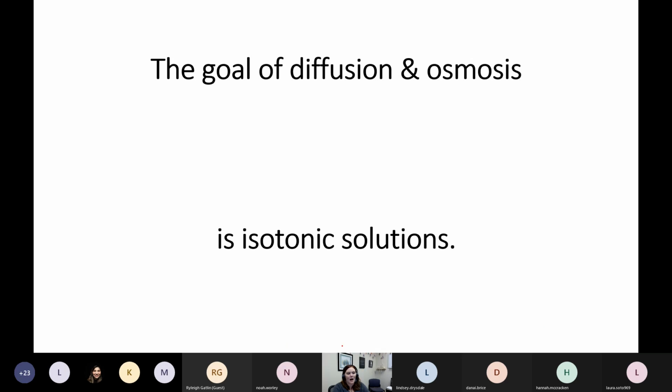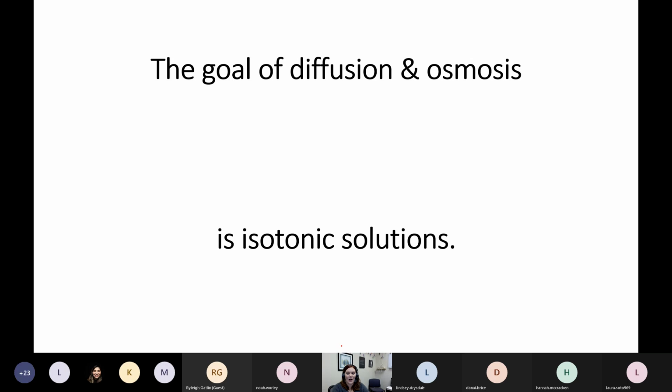I need you to underline, highlight, star this statement: the goal of diffusion and osmosis is to create isotonic solutions.